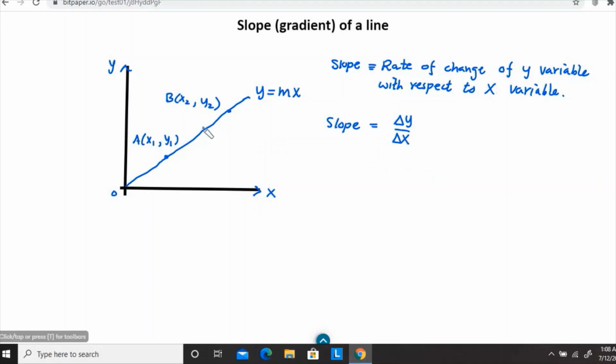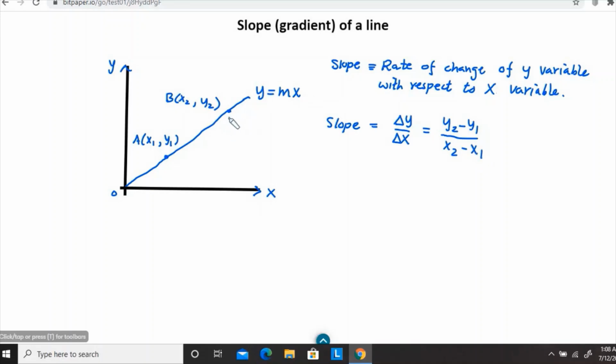So in terms of those coordinates, delta y can be written as y2 minus y1, and delta x is x2 minus x1.